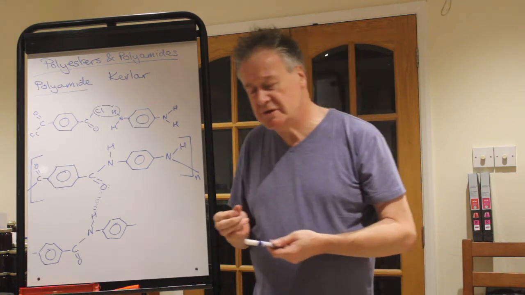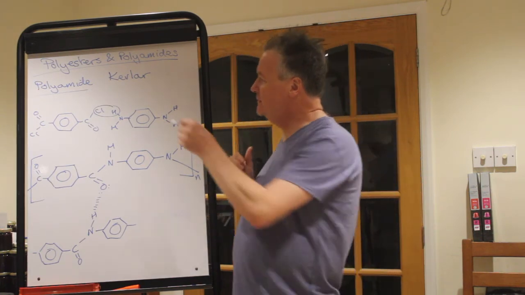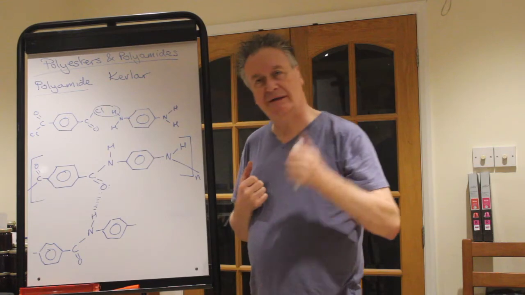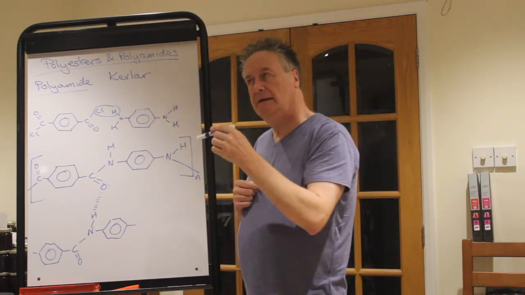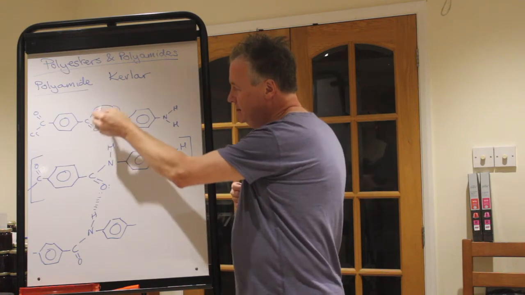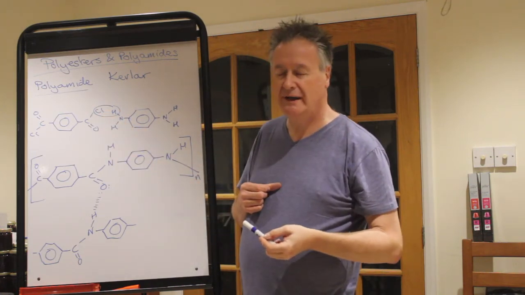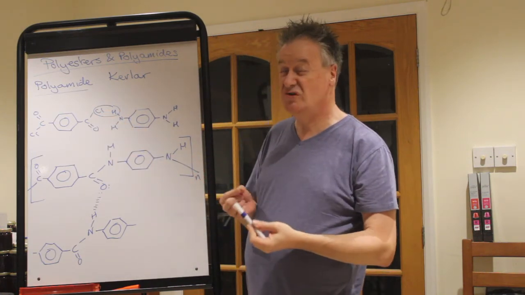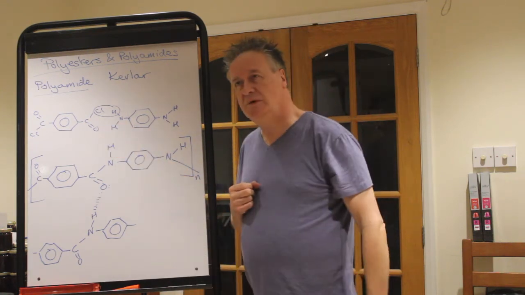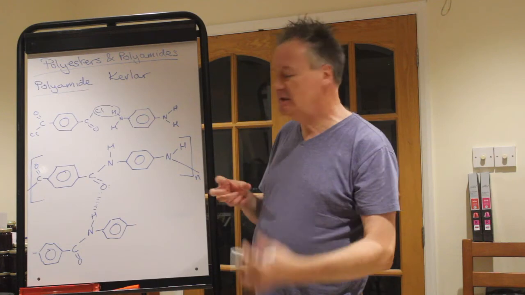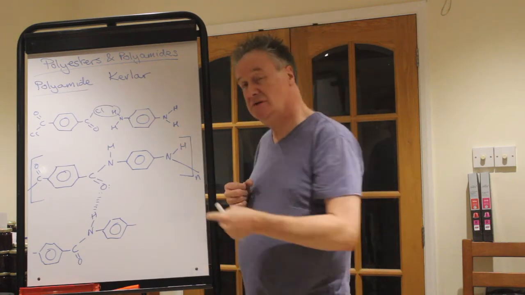There is a way of producing polyamides, which I've said that you do with this. There will be an expensive way of doing it. Things with acyl chloride, diacyl chloride, are notoriously expensive. So one of the ways round that is an alternative way to do it, where you just use the carboxylic acid.